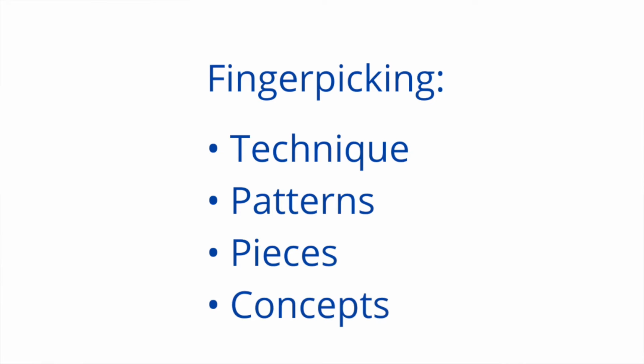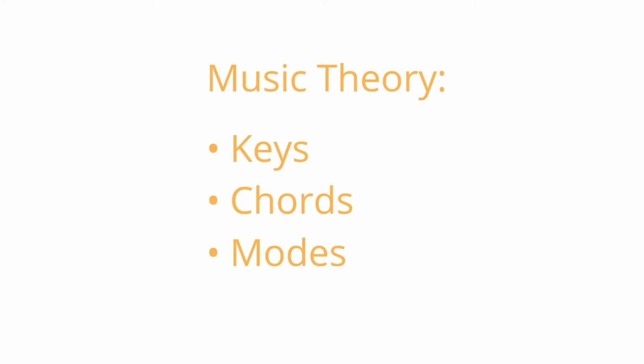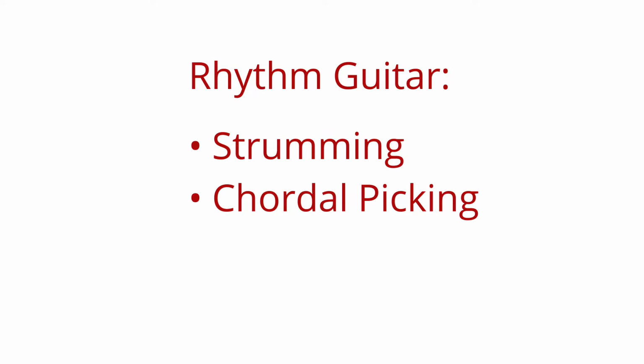Let's look at each of those categories and some items that we might work on under each. If we're looking at fingerpicking, we might work on technique, patterns, pieces, concepts. For music theory, we might work on particular keys, chords, modes, modulation, changing key. Rhythm guitar, we might work on our strumming, chordal picking, extensions, chord changes.